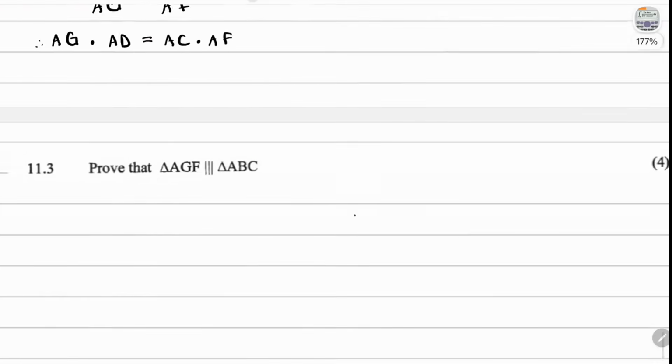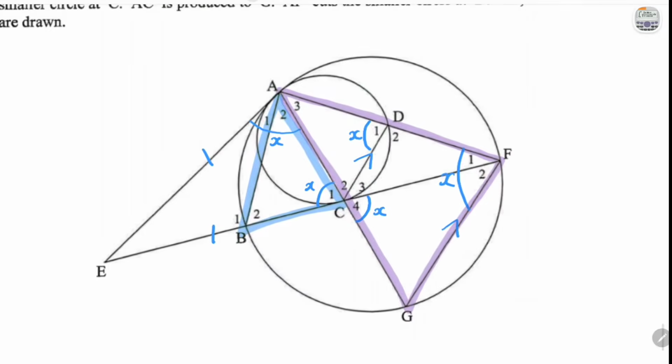With AGF and ABC, it means that this A is equal to this A. You're just going to have to see how that is possible. And because it says AGF and ABC, this G is equal to this B. We just have to find out how that is possible.